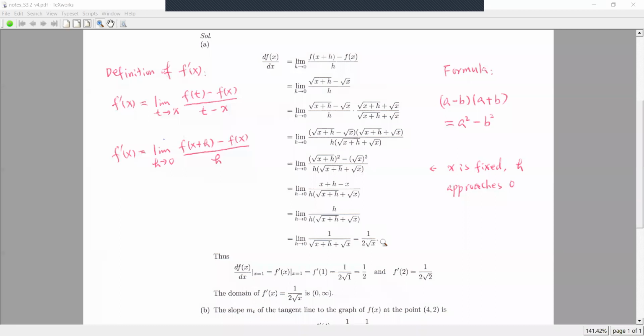After we get the derivative at x, plug in 1 in x, then the derivative of the function at 1 is 1 over 2 times square root of 1. It is 1/2. Plug in 2 in x, then the derivative of the function at 2 is 1 over 2 square root of 2.